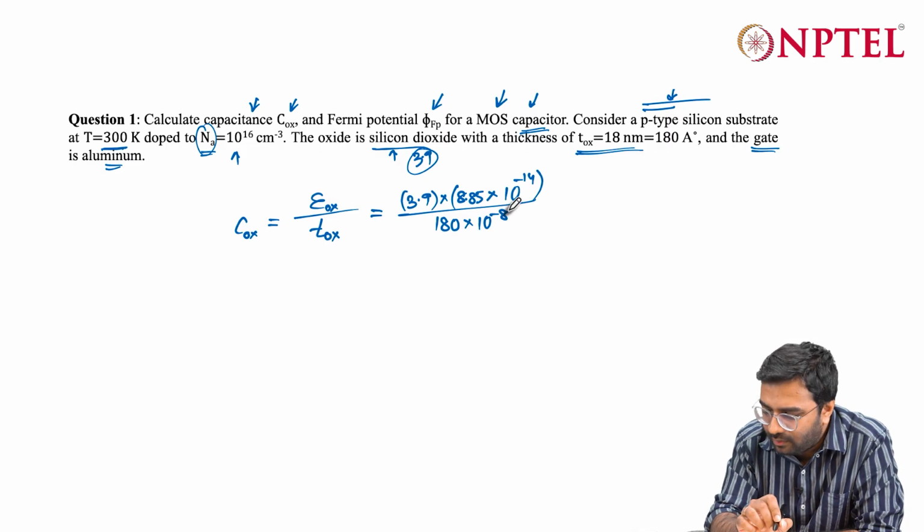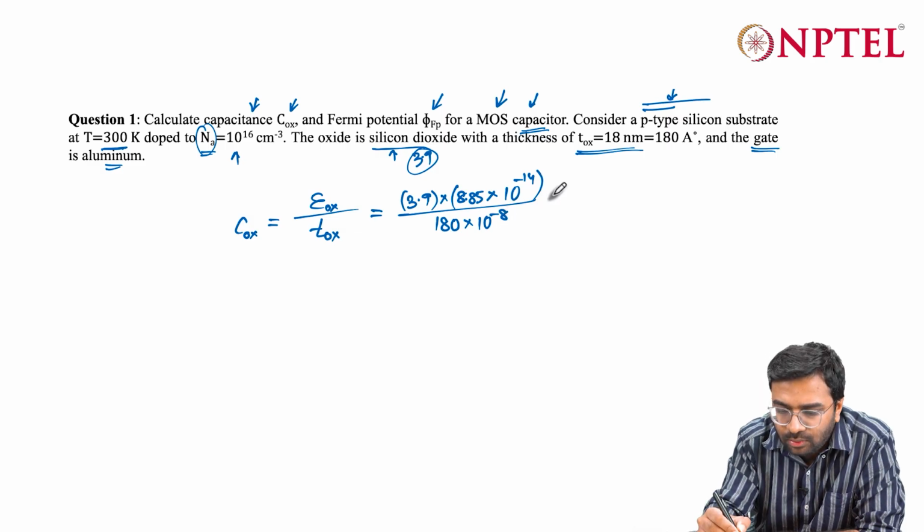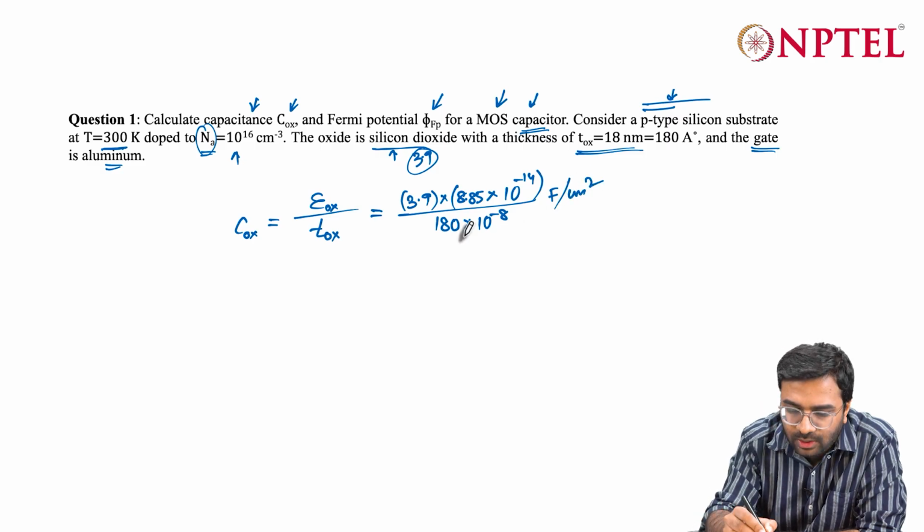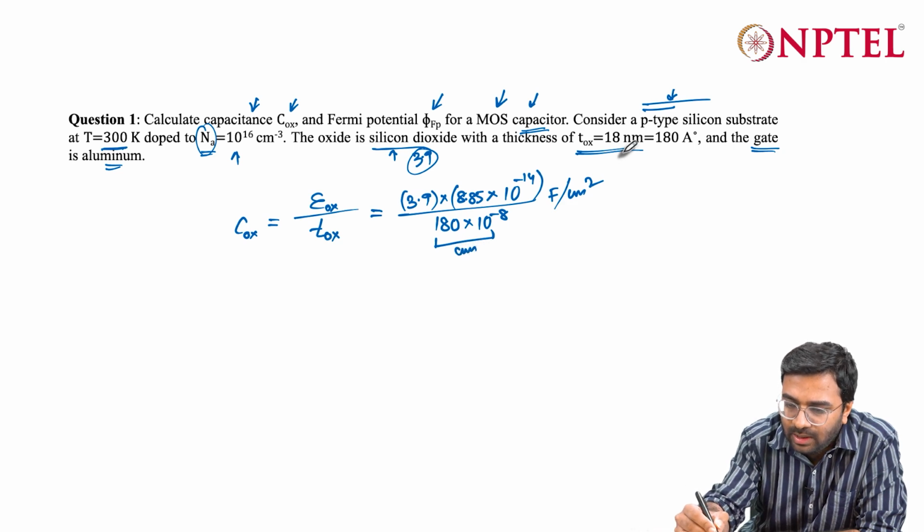Now, this value will give you a unit, which is farad per centimeter square, because this is written in terms of centimeter, right? 18 nanometer, or 180 angstrom, is 180 into 10 to the power minus 8 centimeter.